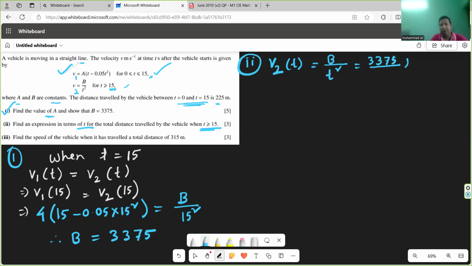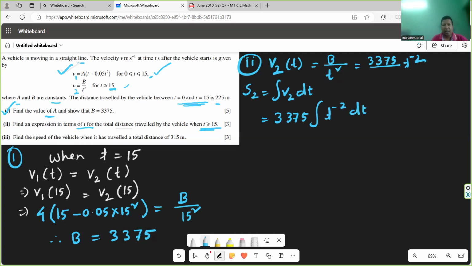Instead of t squared, you can write t to the power minus 2. Now, if we want to find the distance, we have to integrate this. So s2 equals the integration of v2 dt, so 3375 times the integration of t to the power minus 2 dt.